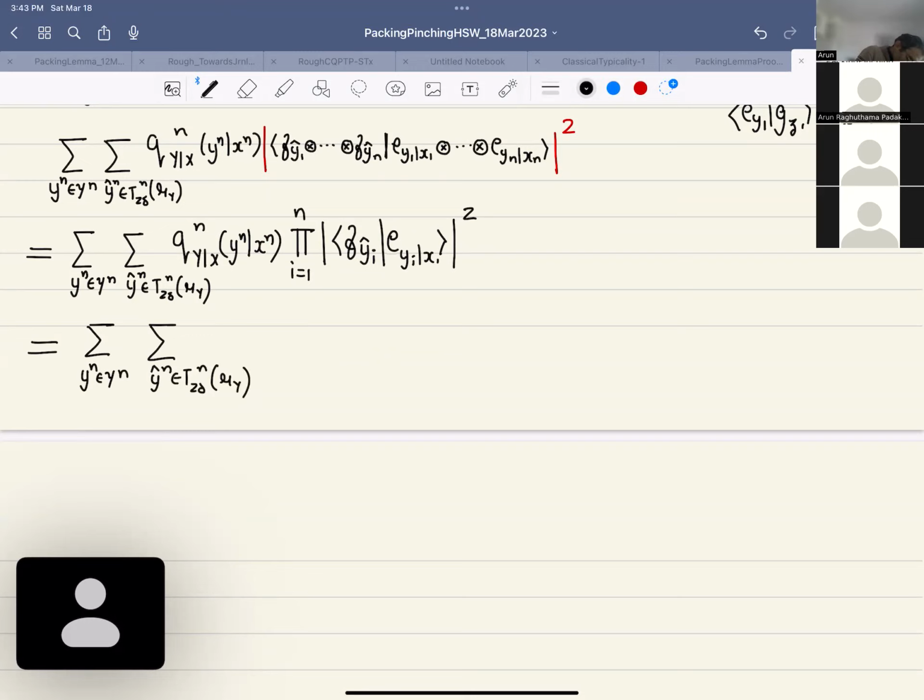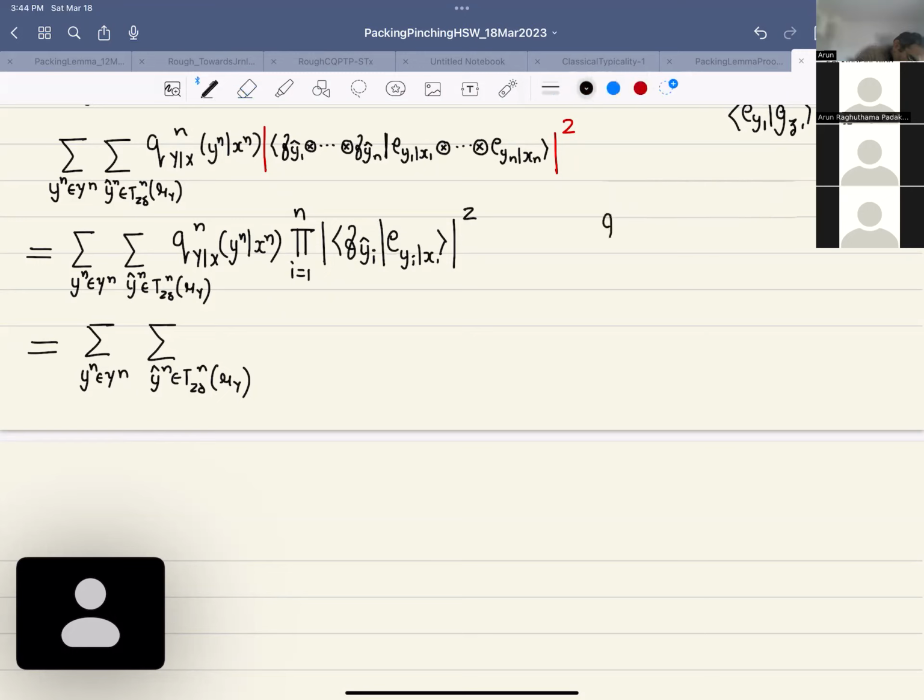Can I say this is, so recall G x y hat is essentially px qy given x times this f. Let me write this completely.